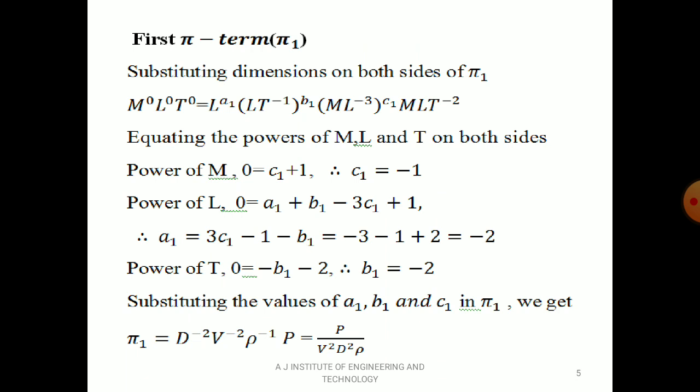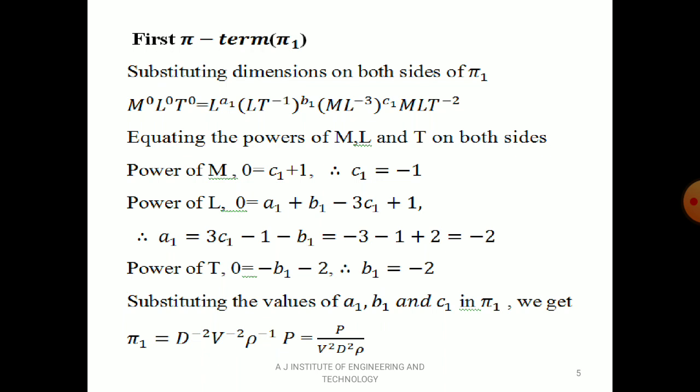So the first pi term is represented by pi 1. Substituting dimensions on both sides of pi 1, we have the expression pi 1 equal to d to the power a1 v to the power b1 rho to the power c1 into p. We can substitute dimensions because we have already obtained dimensions for each quantity. Pi 1 is dimensionless, so the dimension for pi 1 is m to the power 0, l to the power 0, t to the power 0.